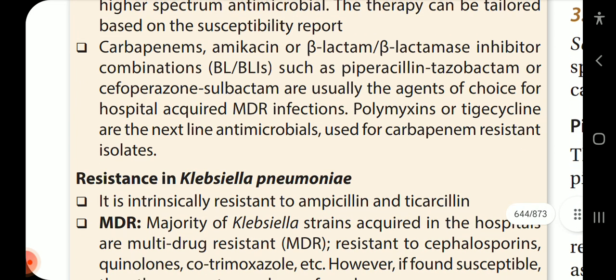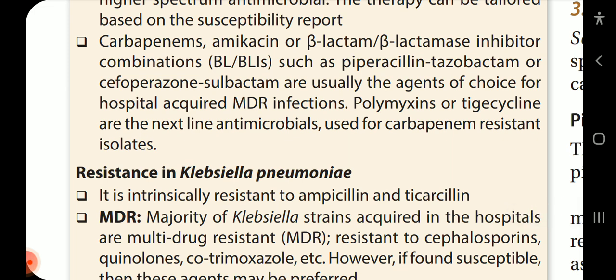Carbapenems, amikacin or beta lactam/beta lactamase inhibitor combinations (BLBLIs) such as piperacillin-tazobactam or cefoperazone-sulbactam are usually the agents of choice for hospital-acquired MDR infections. Polymyxin or tigecycline are the next line of antimicrobials used for carbapenem resistant isolates.